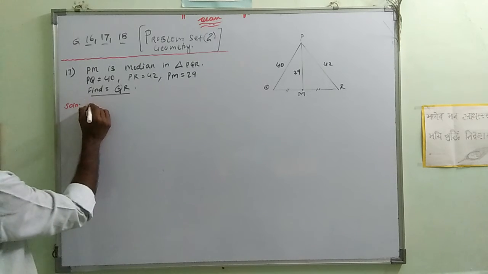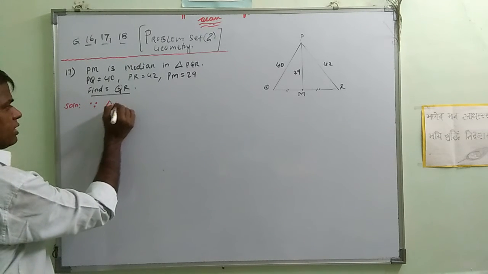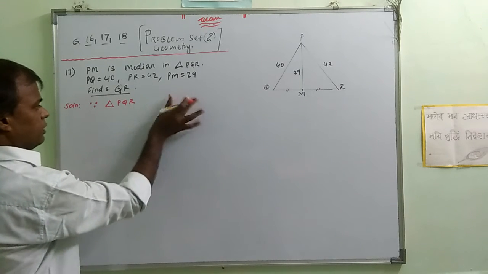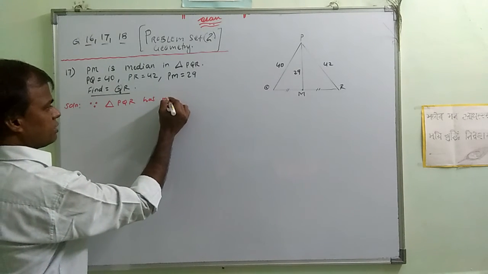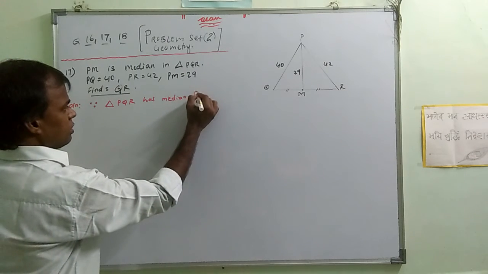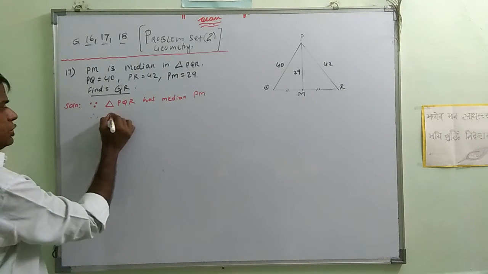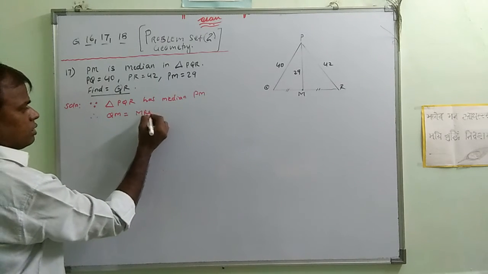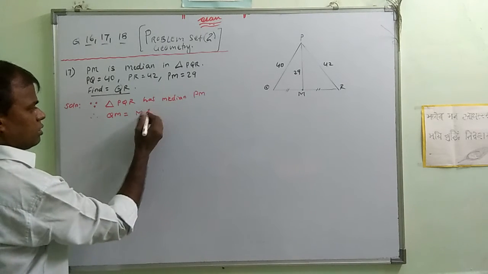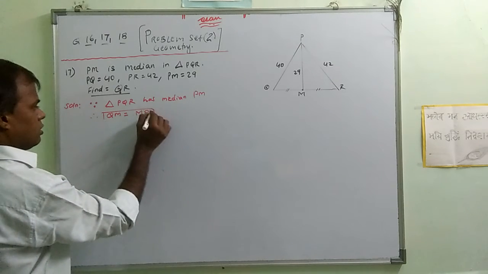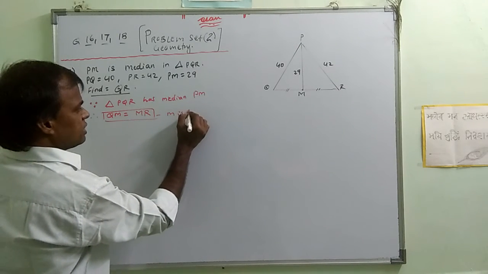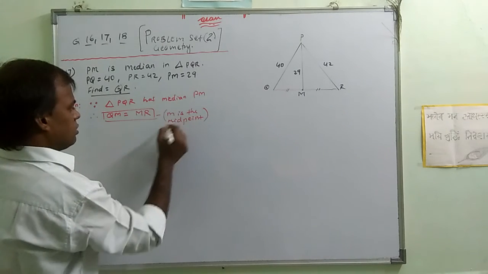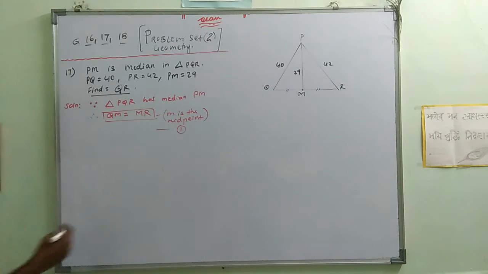Solution. Since triangle PQR has median PM, therefore QM equals MR. M is the midpoint. Let it be equation 1.